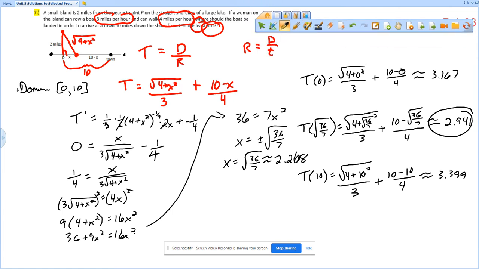A woman can row. So you would answer that the woman should row to a point 2.268 miles from point P.